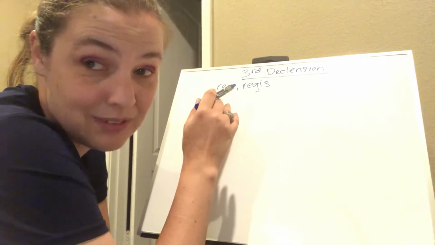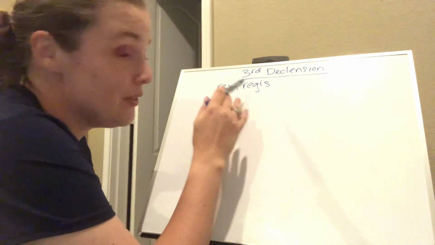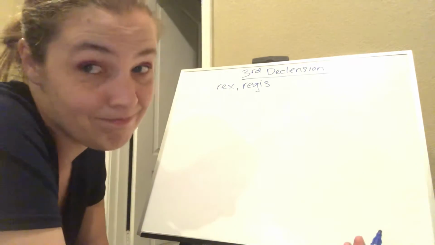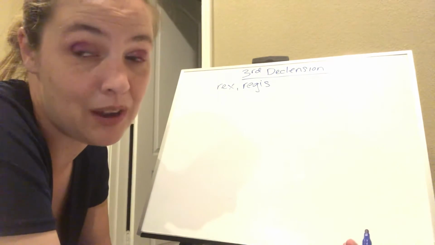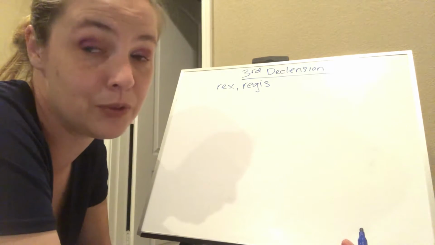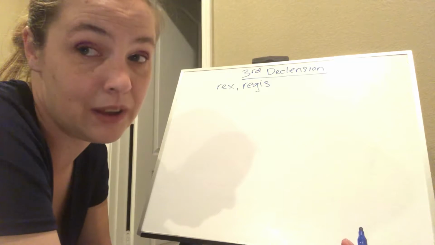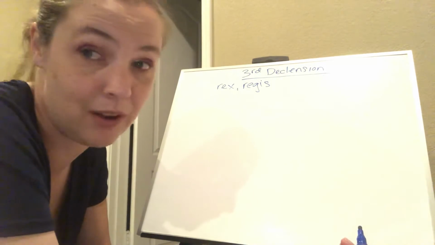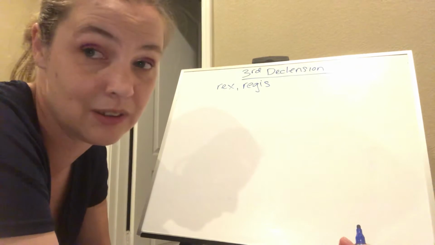Won't happen, okay? This genitive singular looks nothing like the nominative. So the only way to know how to work your way back to the nominative singular is to learn these first two. Okay? Learn your nominative, learn your genitive with every single noun all the time, no exceptions.